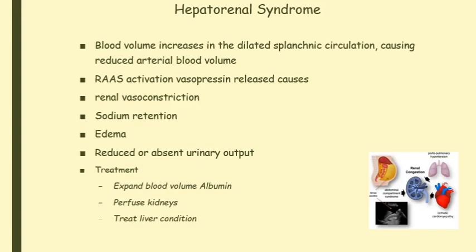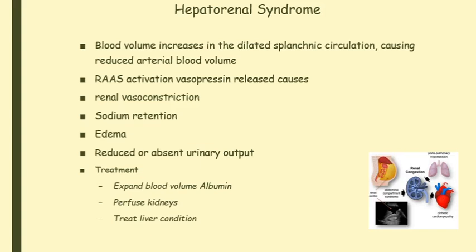This activates the RAS system, and then we have vasopressin that responds, and renal vasoconstriction happens, sodium retention, edema, and reduced or absent urinary output. It can develop rapidly following one specific triggering event, such as an infection, or it may progress over time. But our patients are at risk for this, so be alert for it.